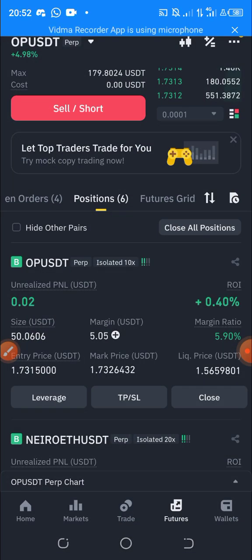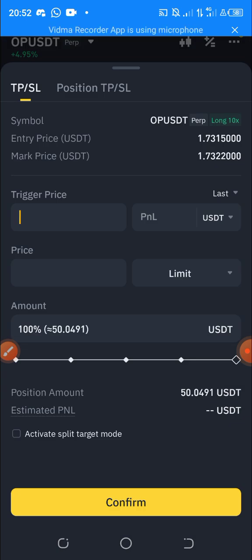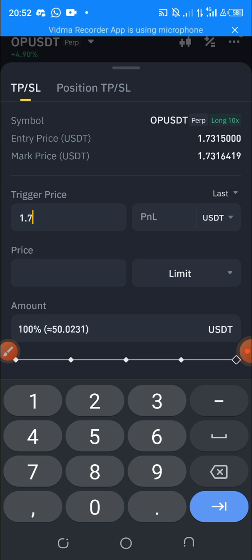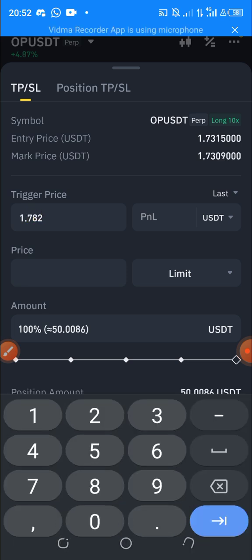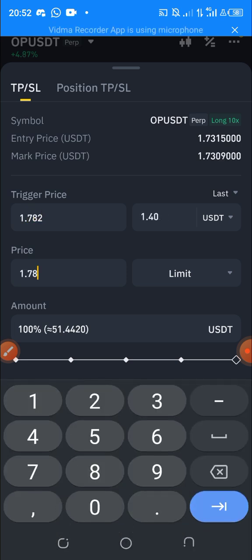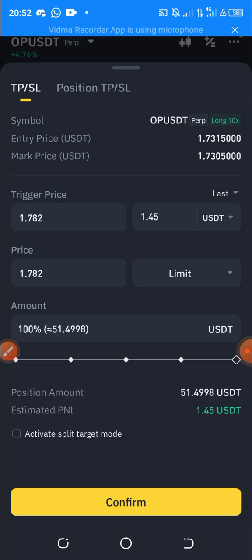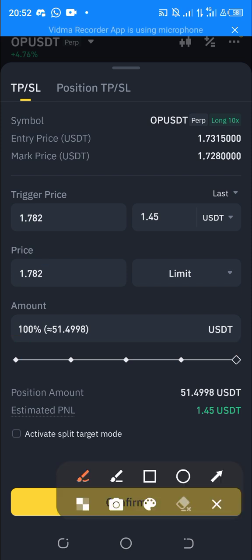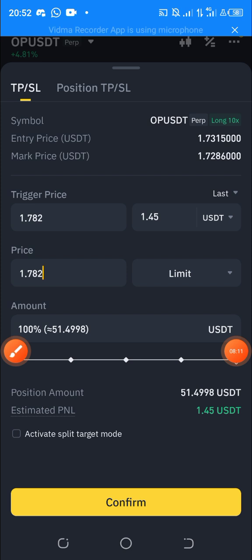So I click on take profit, then I type 1.782. So I'll be having a profit of $1.45 when this price of OP gets to 1.782.